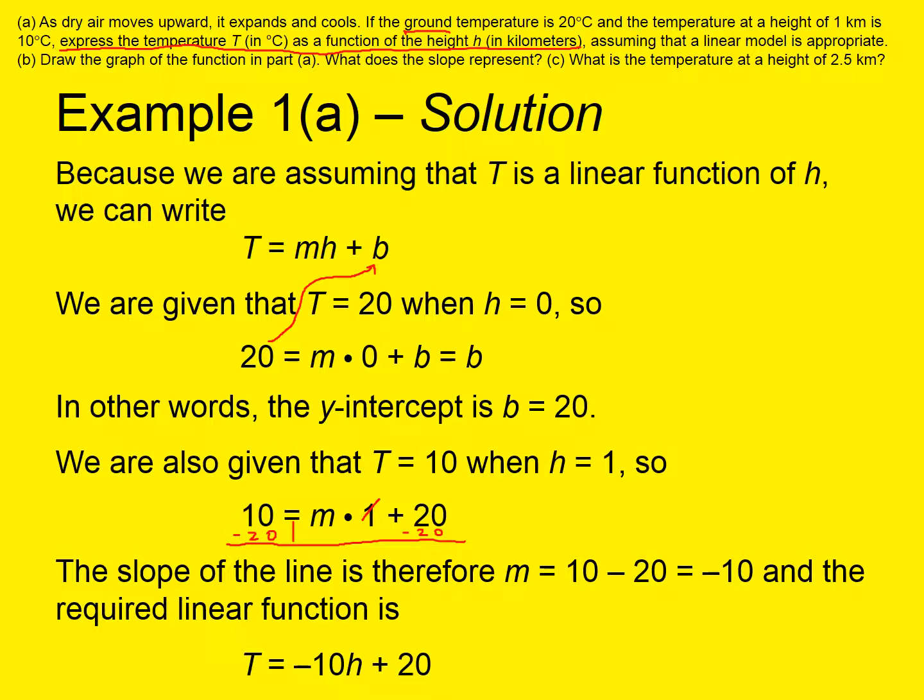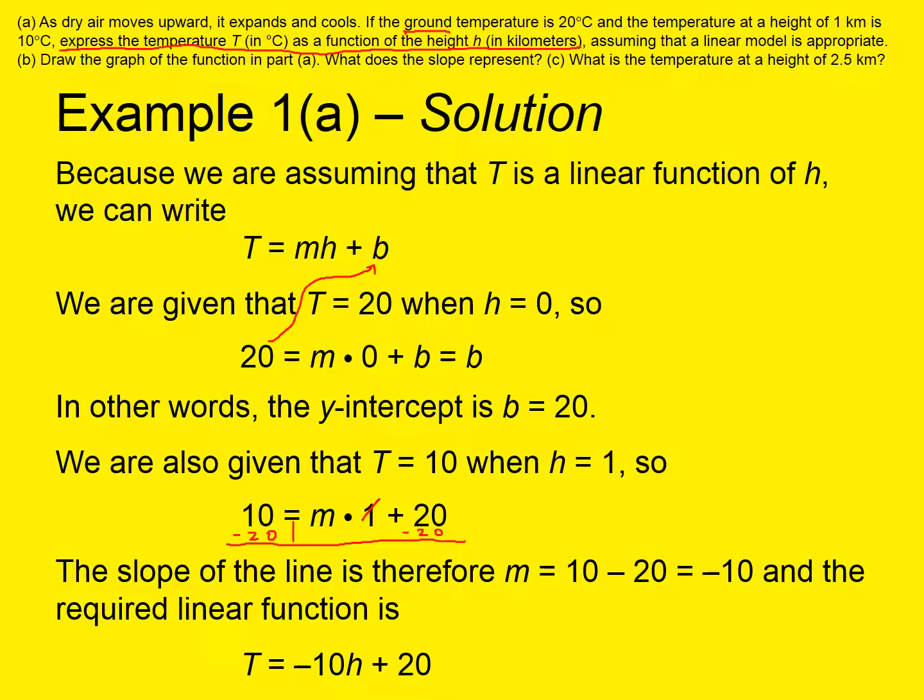The slope of the line is therefore m equals negative 10, and the required linear function is t equals negative 10h plus 20. So now that we have made a function, now we're going to interpret it, and then in part C we're going to use it.